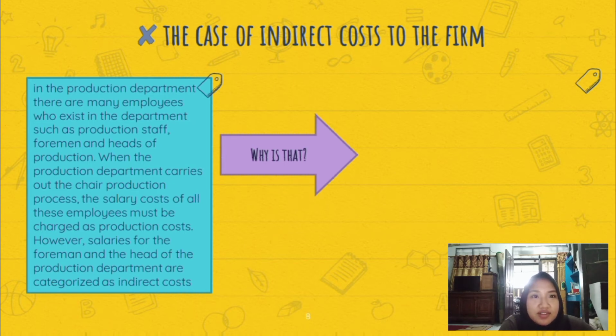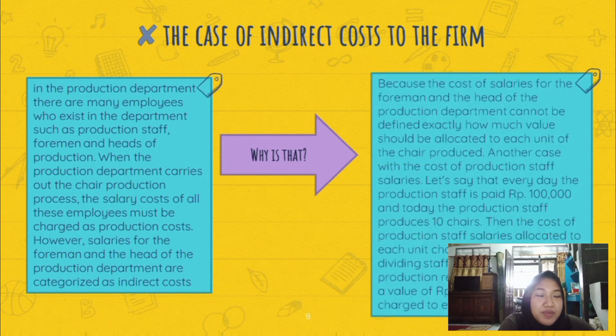However, salaries for the foreman and the head of the production department are categorized as indirect costs. Why is that? Because the cost of salary for the foreman and the head of the production department cannot be defined exactly as to how much value should be allocated to each unit produced.